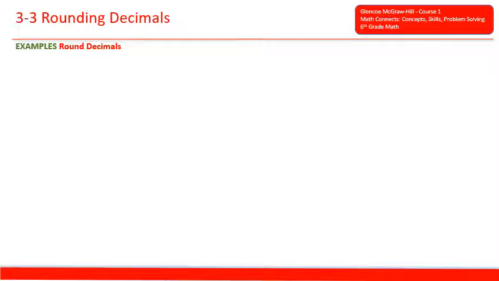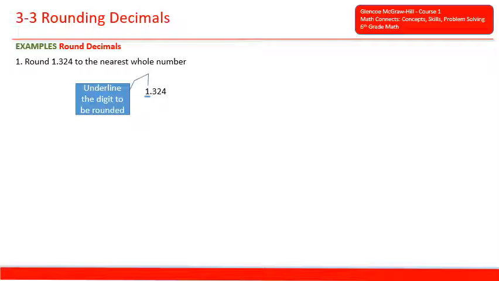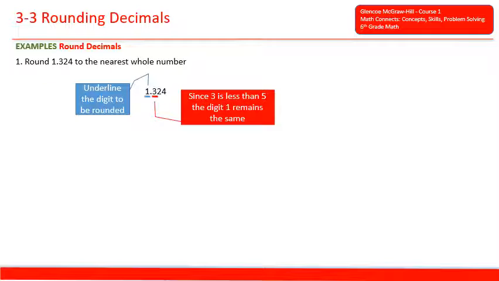Examples, round decimals. Round 1.324 to the nearest whole number. So we have 1.324, and we're going to underline a digit to be rounded. So we're going to round 1. We're either going to keep it at 1 or we're going to round it up. And since 3 is less than 5, the digit 1 remains the same. So 3 is a digit to the right of the digit we're rounding.